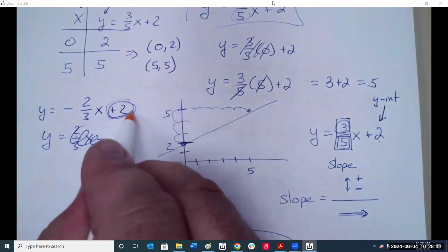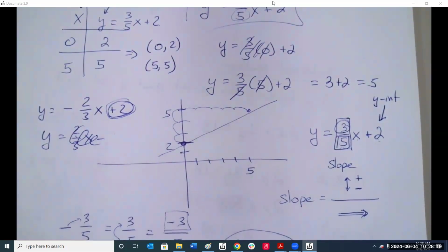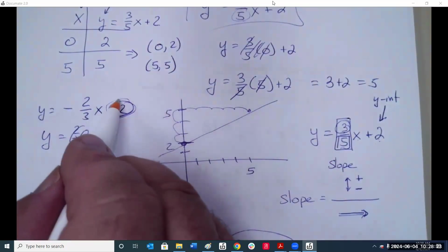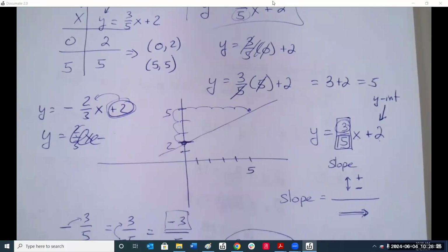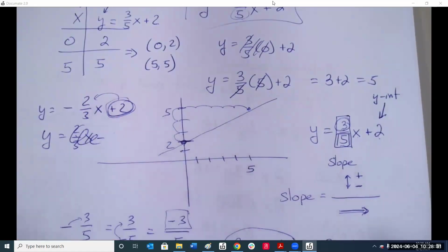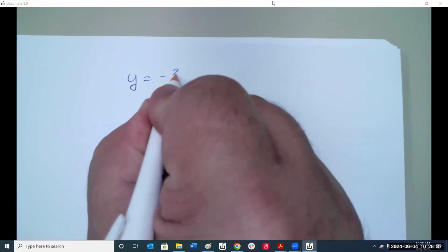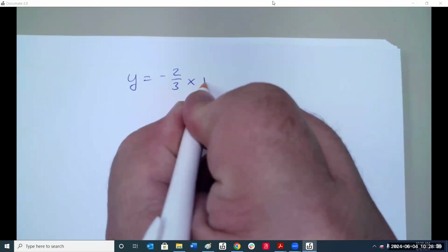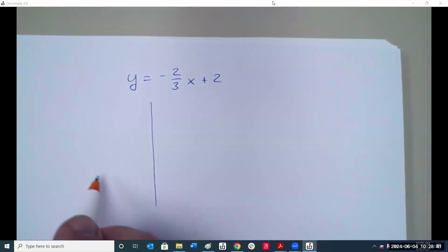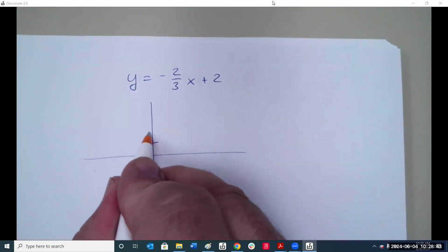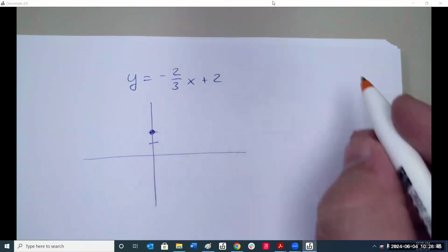Always graph the y-intercept first, and then follow the slope. So for this example, we'd start off at positive 2.